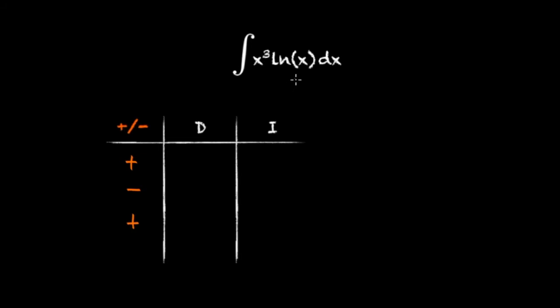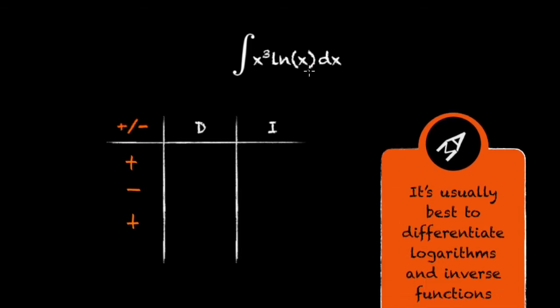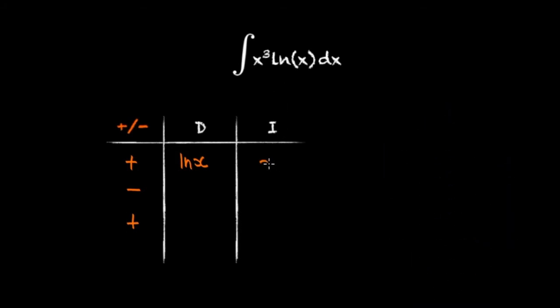Well, as a general rule of thumb, always avoid integrating logarithms because they're only going to get more complicated when you integrate them. And the same goes for inverse functions. So instead, let's differentiate ln x and let's integrate x cubed. When we differentiate ln x, we get 1 over x.